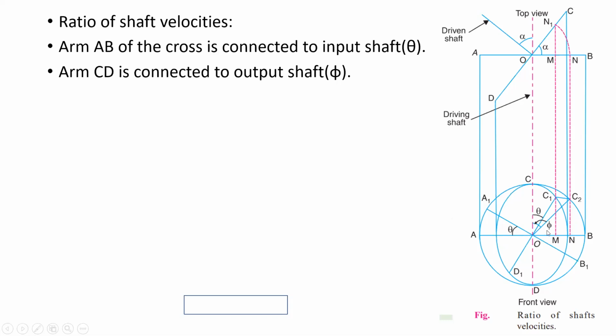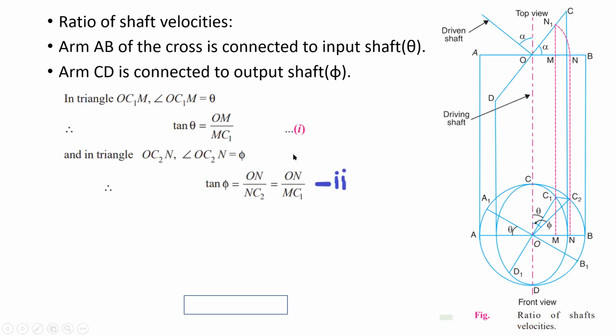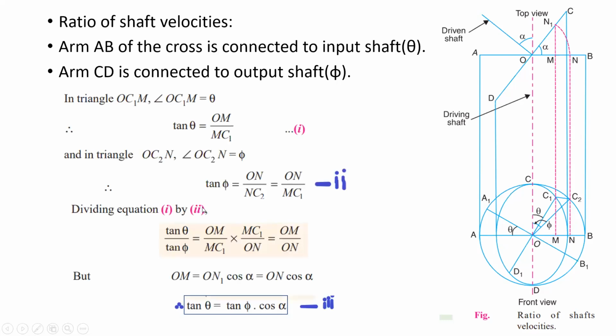Based on these projections, we have seen the relation between theta and phi as tan theta is equal to tan phi into cos alpha, where theta is the input and phi is the output, that is the rotation angle of the driven shaft.